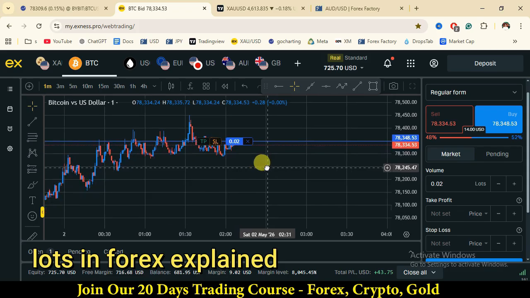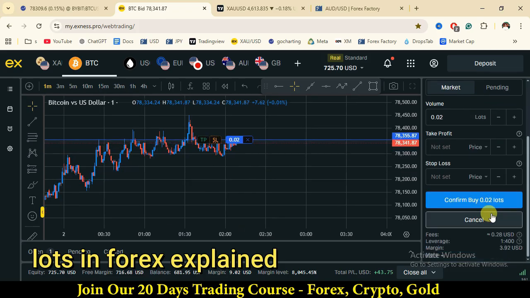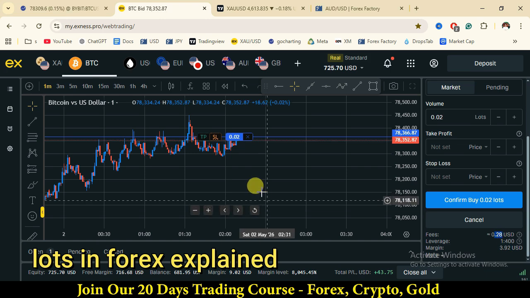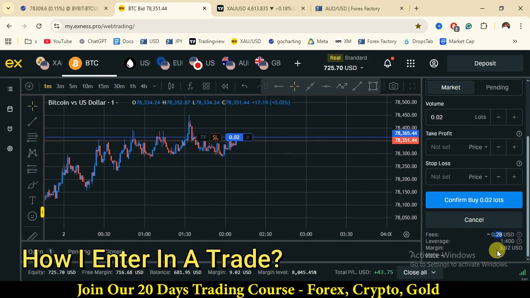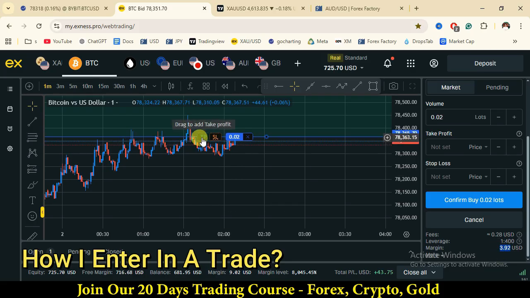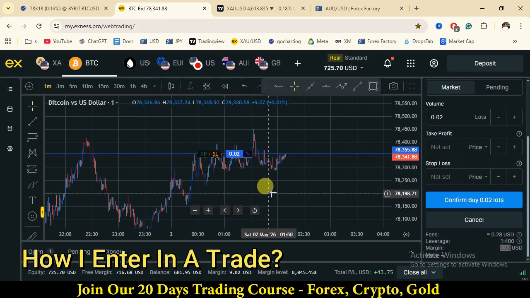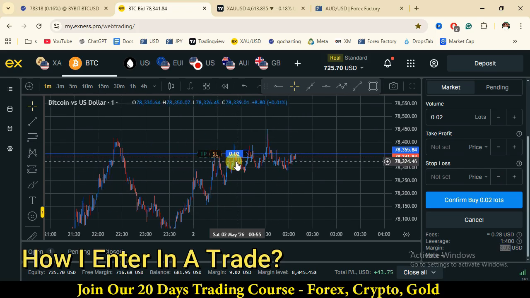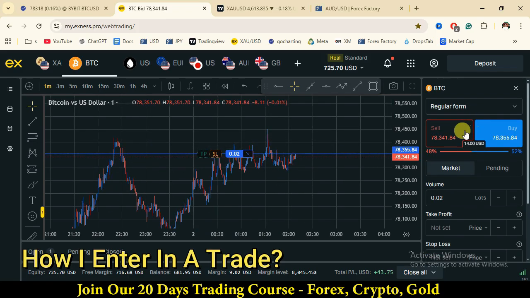I will enter this trade with two lots. How much money do I need? I need only $4, and this is the fee of the Exness broker. So actually for entering a trade I need only $4. In my prediction, let's say the market goes down, I'm going to sell.